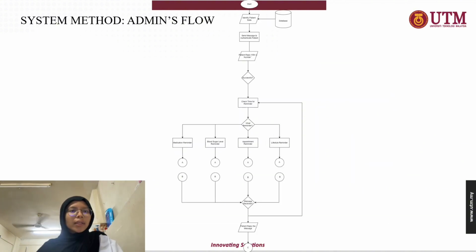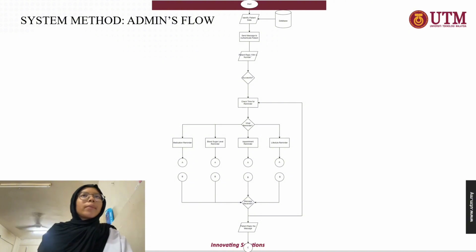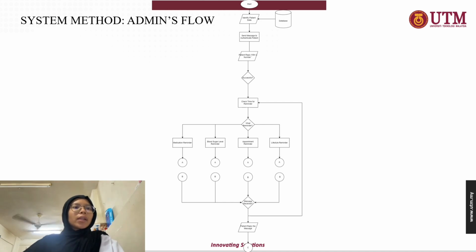And then next we'll be going for the still admin flow, which is for the SMS part, so how the SMS is sent to the patient. First, the SMS will identify the patient data. Once it identifies, it will send a message to authenticate the patient. Once the patient replies with their last 4-digit IC number and it's successful, it will check the time for reminder.